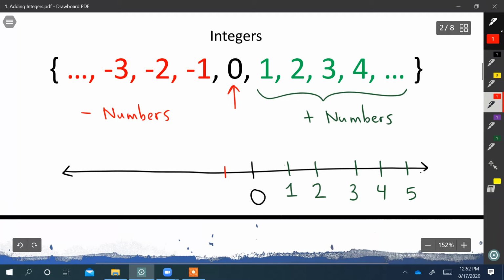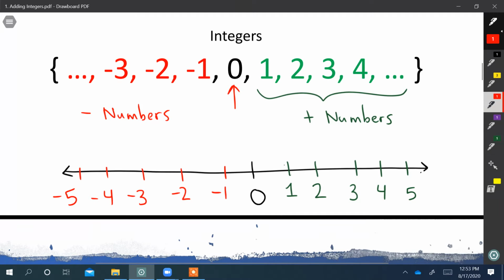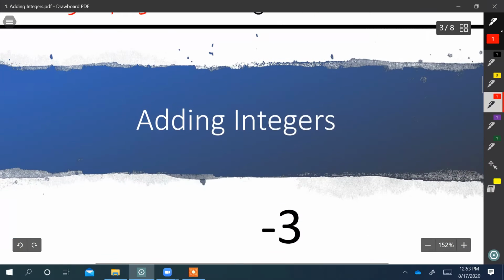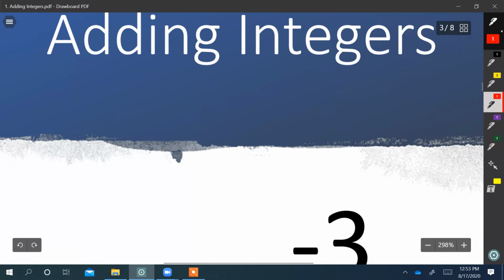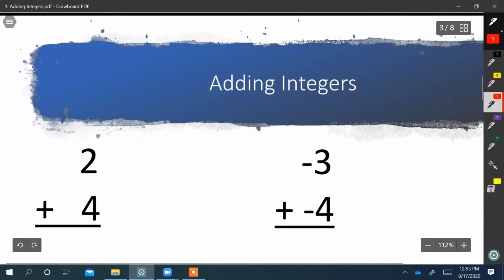Then I'm also going to have all my negative numbers, and we can keep going until infinity. Alright, so those are what we call integers. And today, we're going to be learning how to add those integers. So let's go ahead and see how to add them.